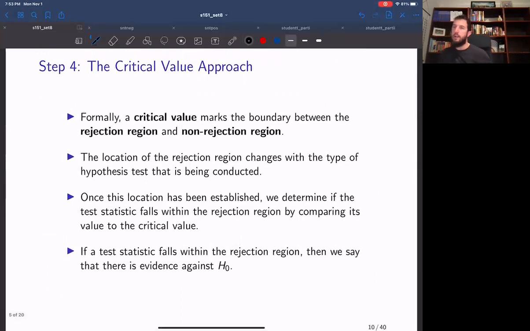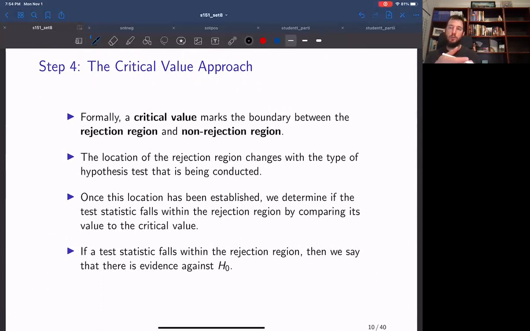So as I had just said, the critical value is essentially a boundary between the region where we would decide to reject and the region that we would not reject. The rejection regions, or the critical values, are of 3 different types, and they depend on the alternative hypothesis. So basically what I'm saying is it's very important that we get the alternative hypothesis correct, because if we do not, we risk putting the rejection region in the wrong place.